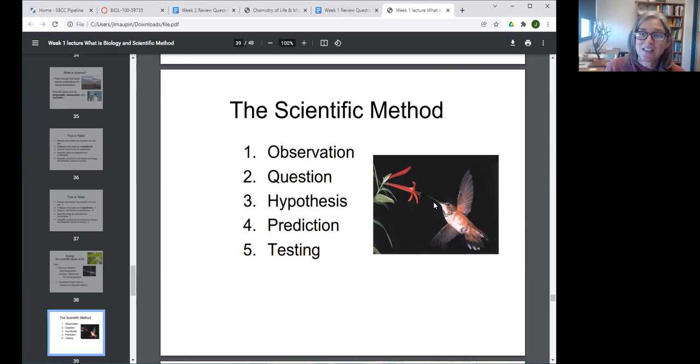A hypothesis could be, and that's your educated guess, remember, it could be, well, hummingbirds often visit red flowers because they prefer red to other colors. So make sure you know that that guess is your hypothesis and the difference between the hypothesis and the prediction. So who can tell me what the difference between the hypothesis and the prediction is? This is the one that usually kind of trips people up a little bit.